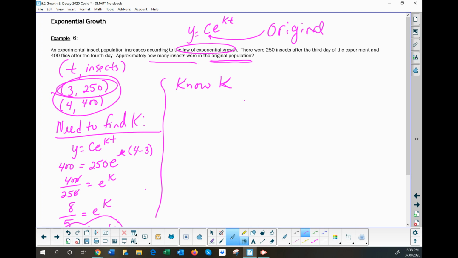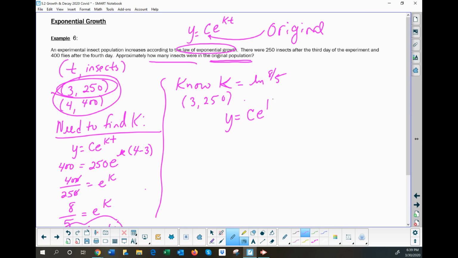So how many insects were there in the original population? Well, we know k was natural log of 8/5, and I have the 250 quantity, right? So I'm going to set this up: y equals c e to the kt.